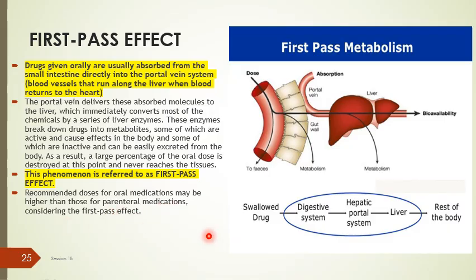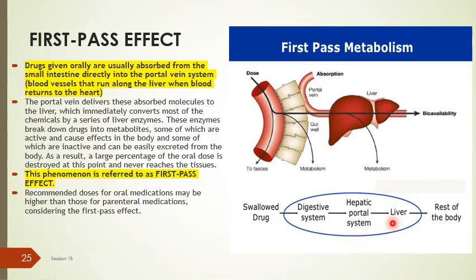So let's have this example. We have a drug. Once we swallow the drug, we have 100. Then the drug will go to the digestive system. Because of the acidity of the stomach, the drug will remain only 50. Then the drug will enter the hepatic portal system, right? And then it will be broken down into metabolites, and it will remain only 25.